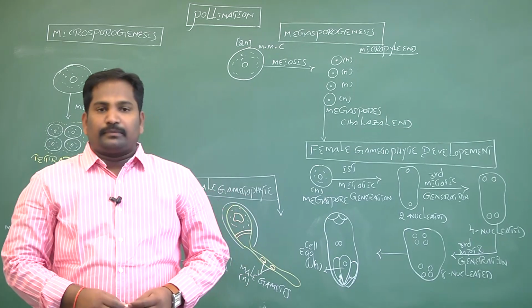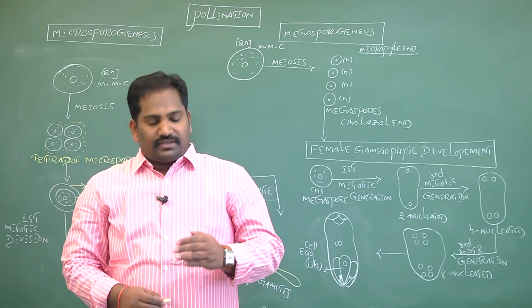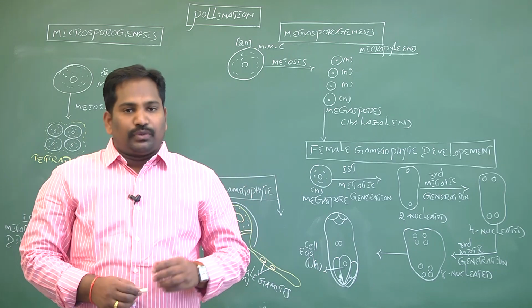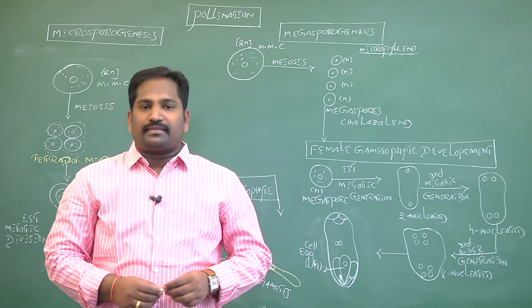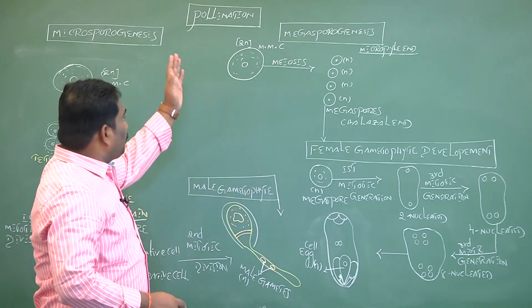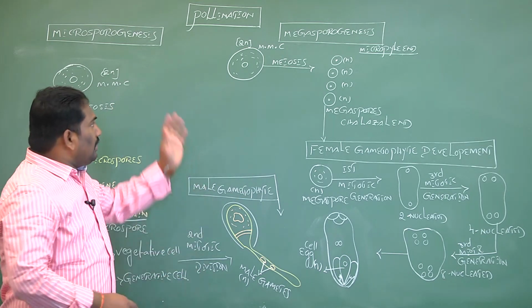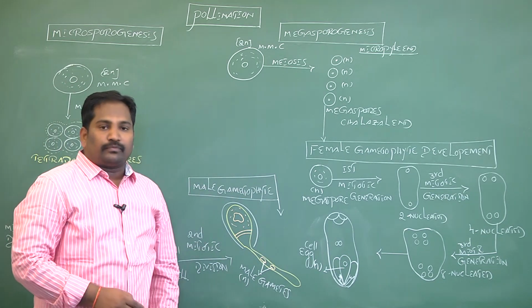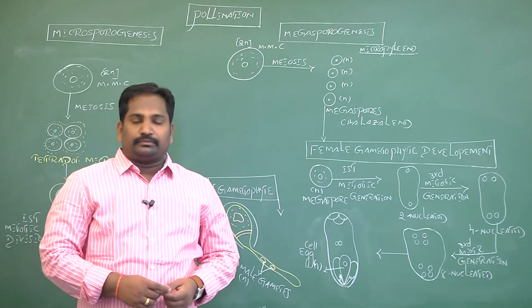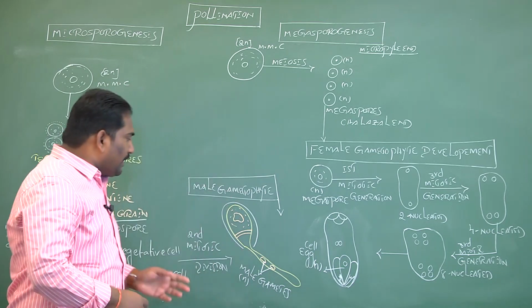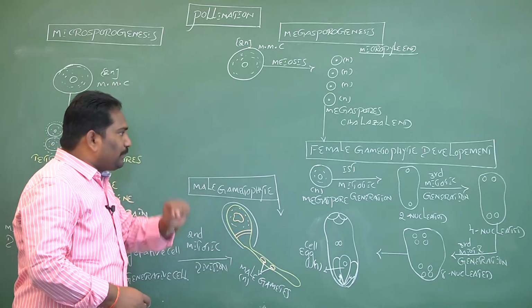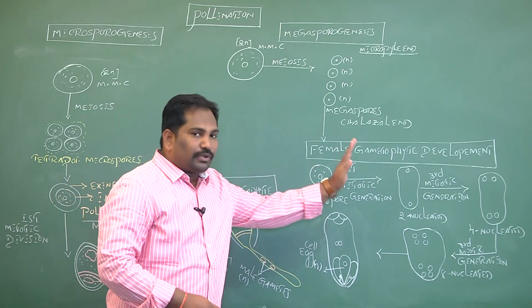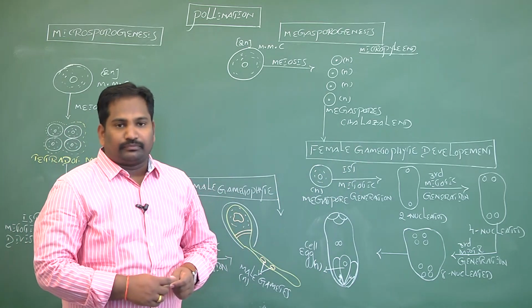Today we discuss the third subtopic of sexual reproduction in flowering plants, which is pollination. Before going to pollination, let's discuss male gametophyte development and female gametophyte development.